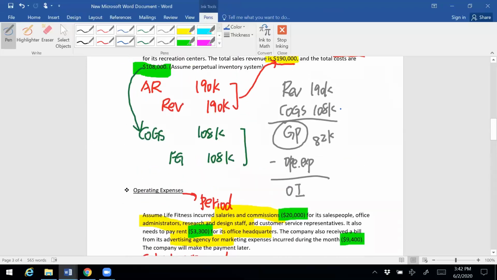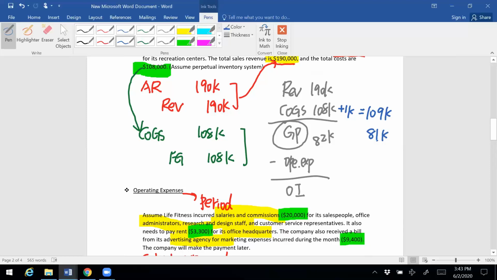So I changed it here. For cost of goods sold, we did an adjustment of another 1,000. I hope you still remember. So our adjusted cost of goods sold should be 109,000. Therefore, our adjusted gross profit will be 81,000.